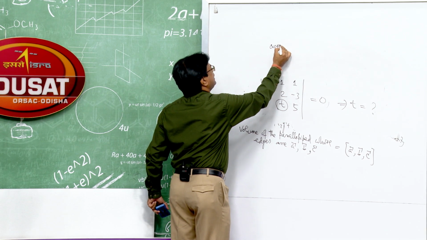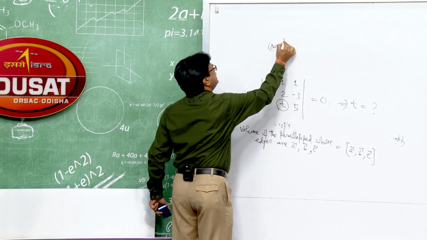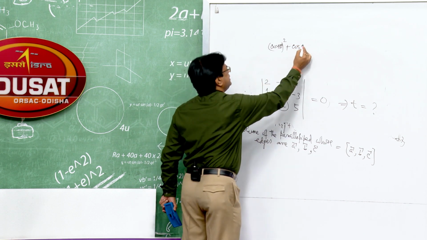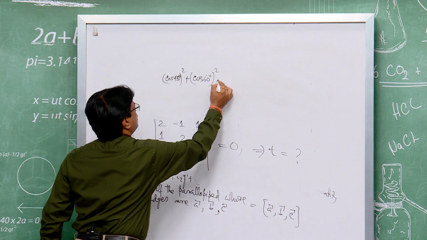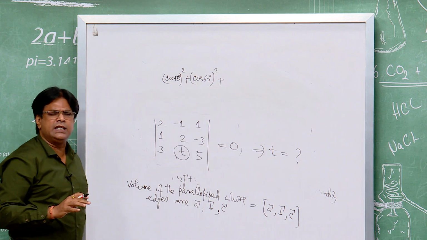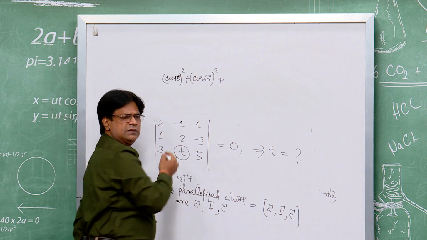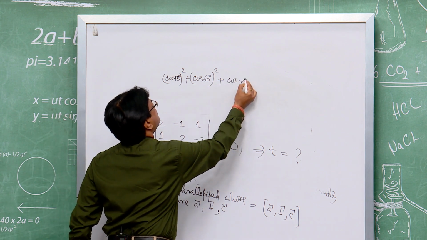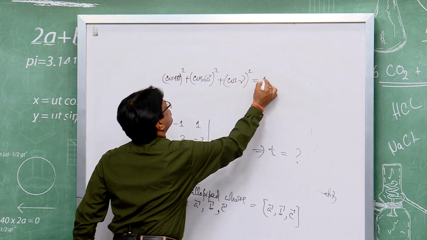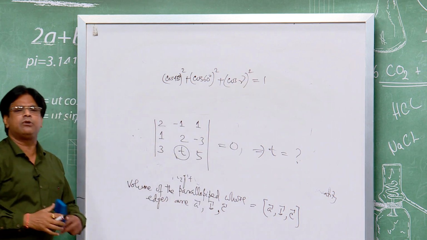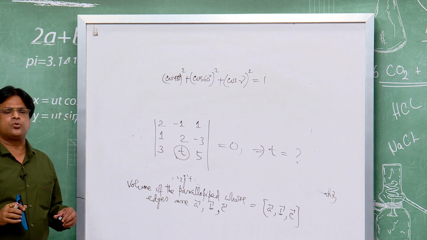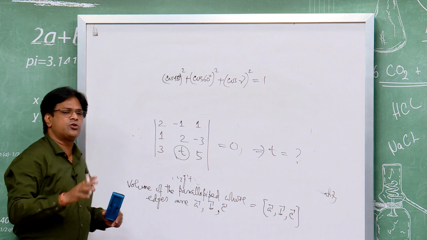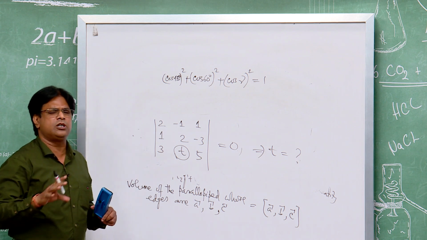We know cos square 45 degree plus cos square 60 degree plus cos square gamma, where gamma is the angle with the z axis, is equal to 1. Already we know from the direction cosines that cos square alpha plus cos square beta plus cos square gamma is equal to 1, or l square plus m square plus n square always equals 1.